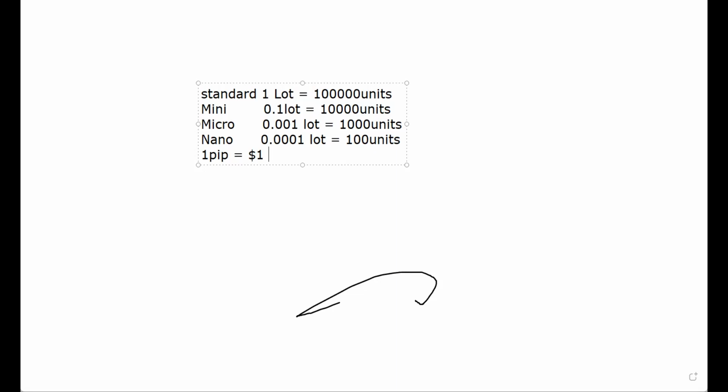So it means that when you buy gold for one standard lot, every pip movement, if it goes in profit, you are going to make $1. So 10 pips becomes $10. That is if you buy a mini lot.